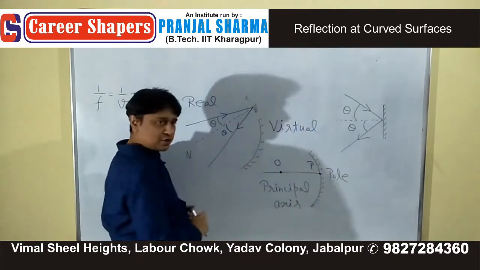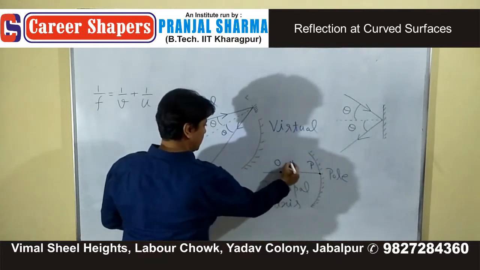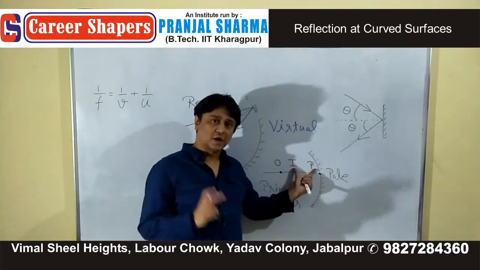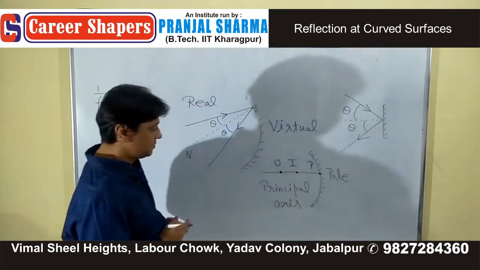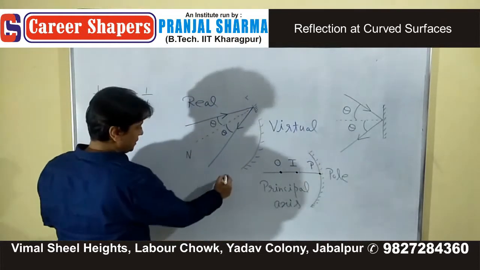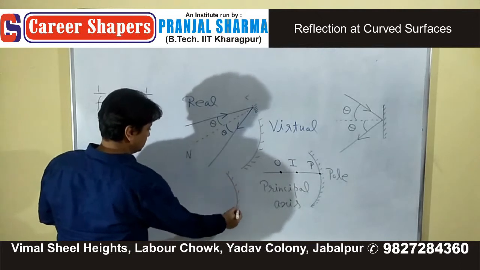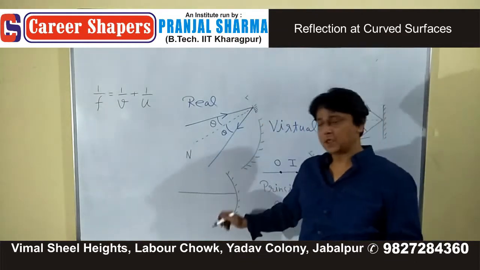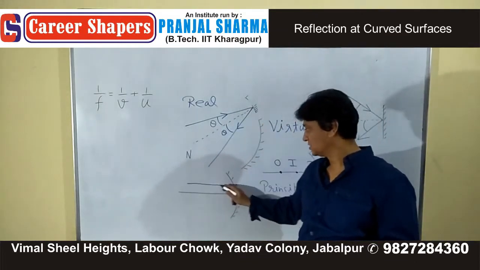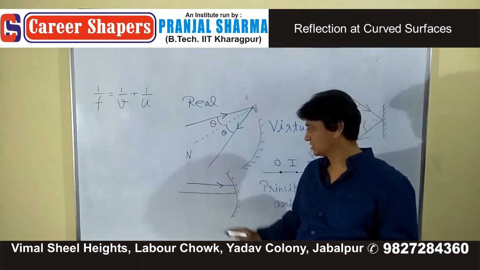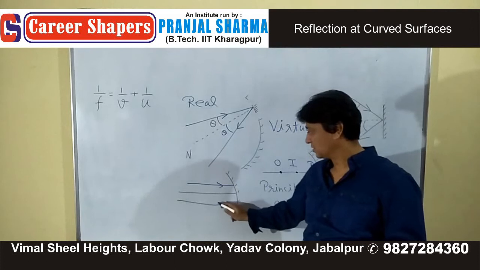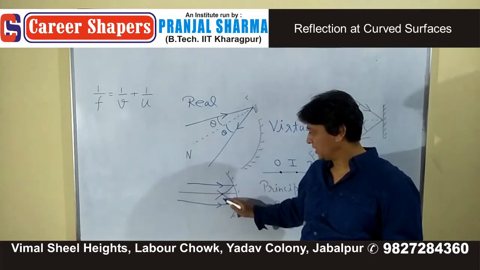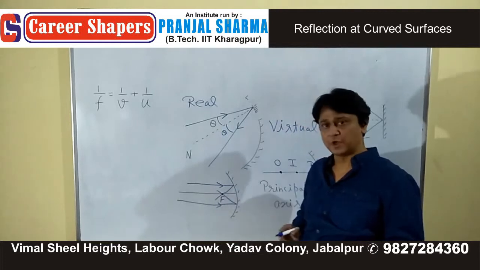If the image of this object forms at I, then this distance IP with proper sign is V. And when light rays arrive parallel to the principal axis, then after reflection, the point where they meet is called the focus of the mirror.